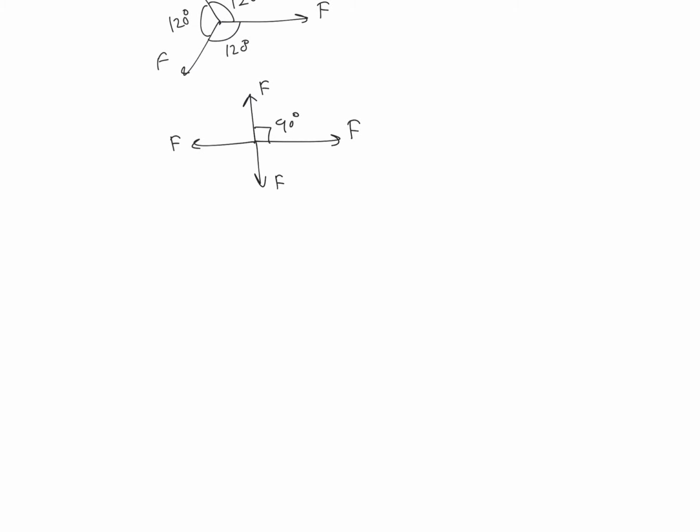Like that, if you have n number of forces of equal magnitude, then we can identify the value of the angle between each force. The equation for this is theta is equal to 360 degree divided by n.